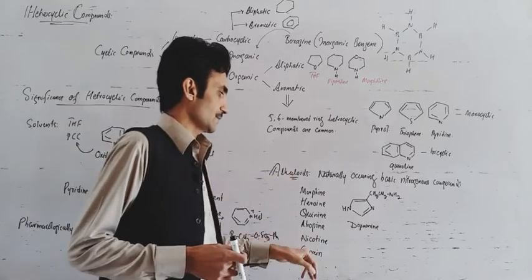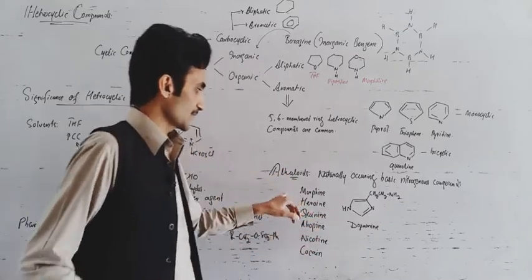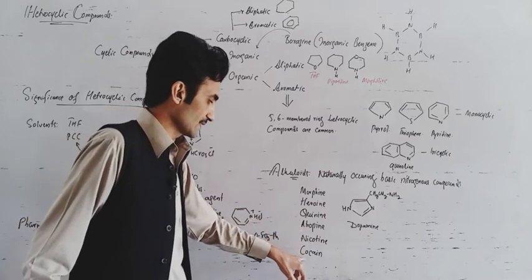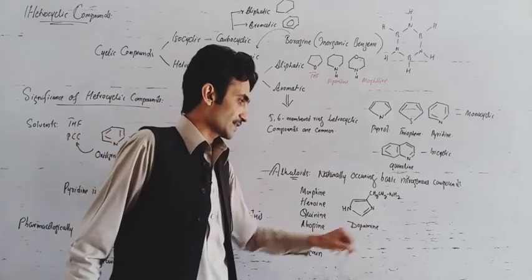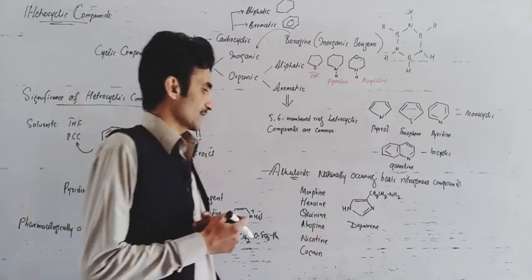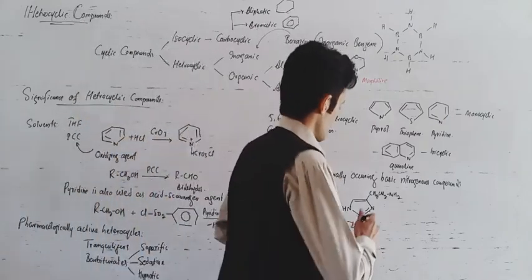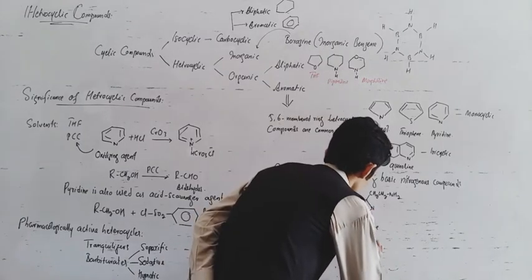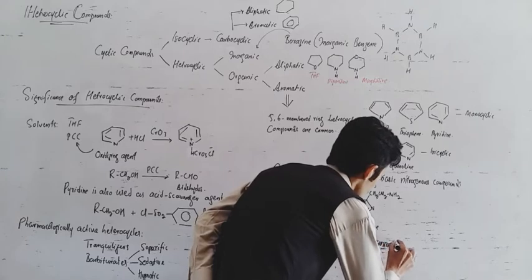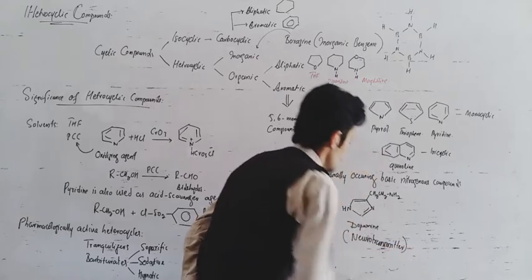These all are heterocyclic in one way or another, such as morphine, heroin, quinine, atropine, nicotine, cocaine, and dopamine. So these are all naturally occurring heterocyclic compounds. This dopamine is a neurotransmitter.